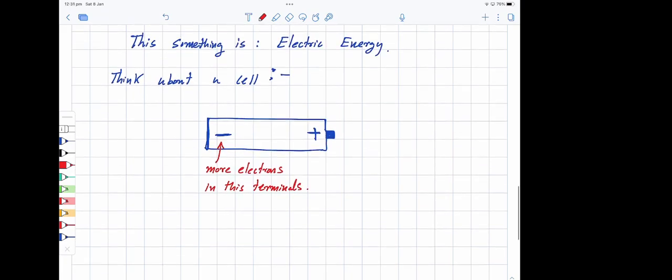Okay. Here positive means not more protons. Positive means less electrons. Less electron is positive in this description, right? So less electrons in the positive terminal.